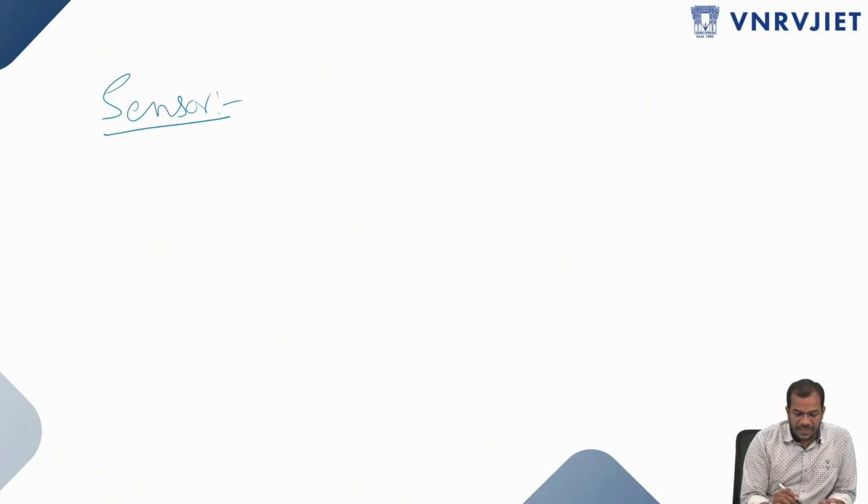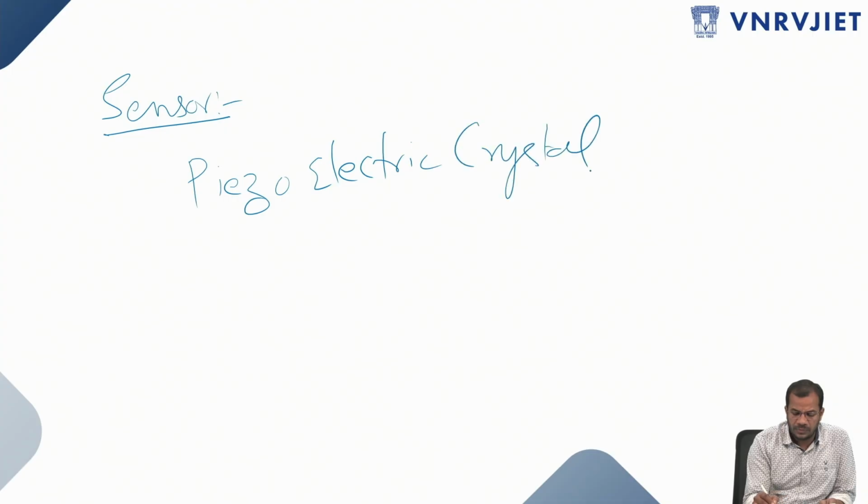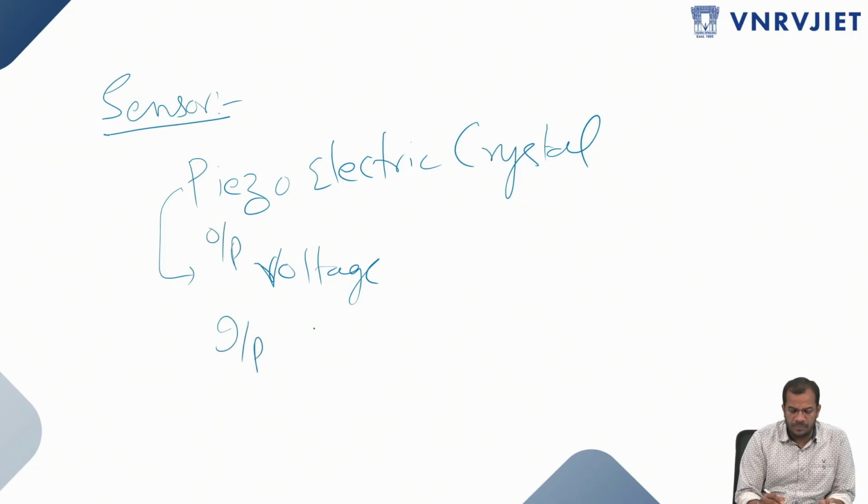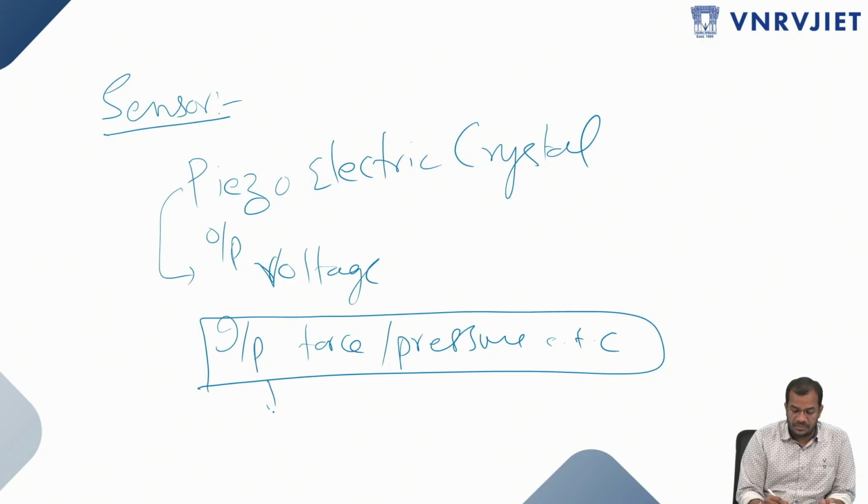Here we are taking example sensor as piezoelectric crystal. This crystal gives output as voltage, and if you give input as some force, pressure, etc. Here this input acts as a non-electrical quantity.